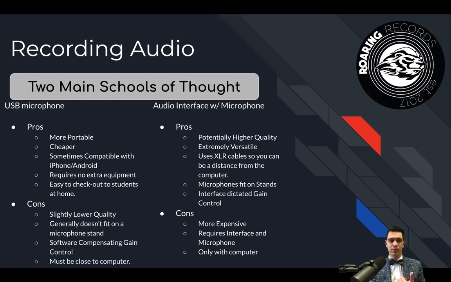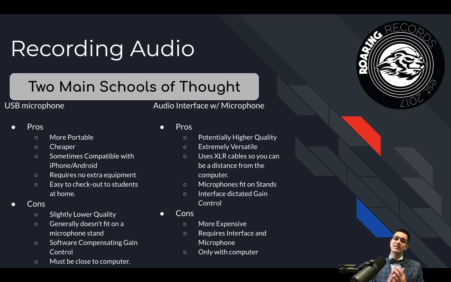It is more portable. It's cheaper. This one in particular, the Shure MV5, is compatible with iPhone. It comes with a cable that you can connect straight into your iPhone and an app that helps run it. It requires no extra equipment besides purchasing the microphone. If you're a school program, it's really easy to check out to students.